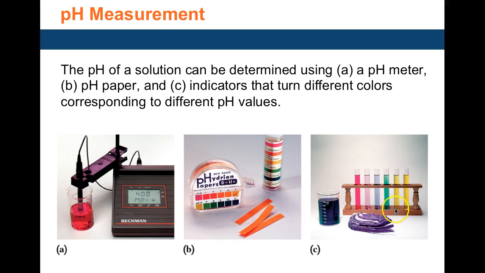And then the base colors are usually in the greens and yellows, okay? Or else you can take those pH papers and compare them with the chart given here, and then you can use that to get those pH numbers, or you can use a pH meter which directly gives you the pH number.